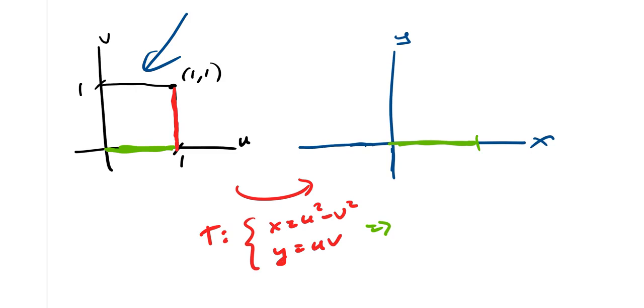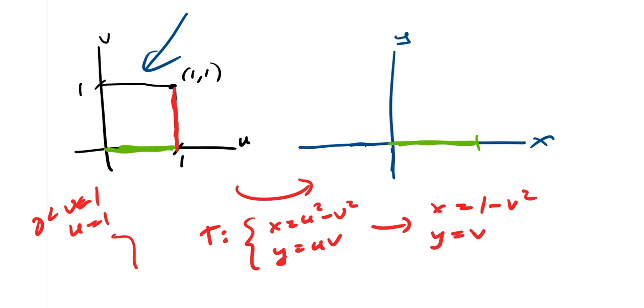So the one in red there is u equals 1, and v ranges between 0 and 1. When u is always 1, x is 1 minus v squared, and y is going to be v, if you substitute those in. So since y is v and x is 1 minus v squared, what this means then is x equals 1 minus y squared.